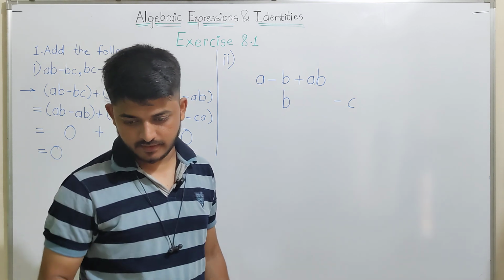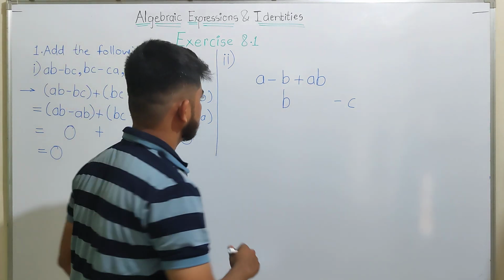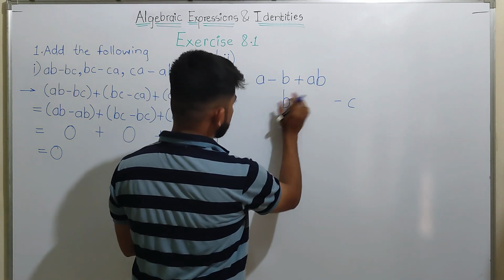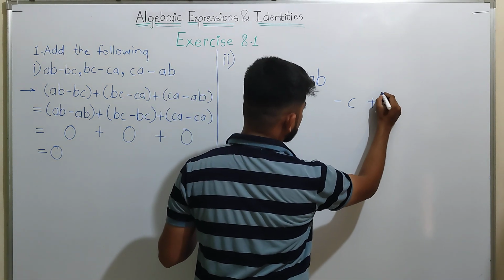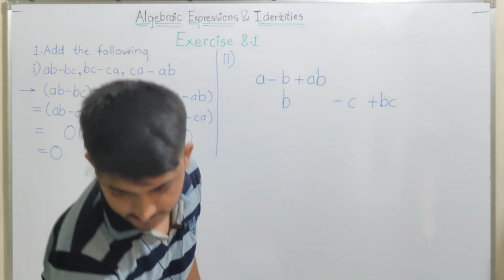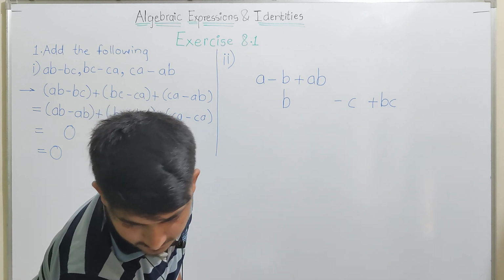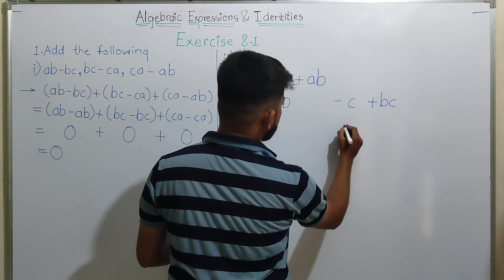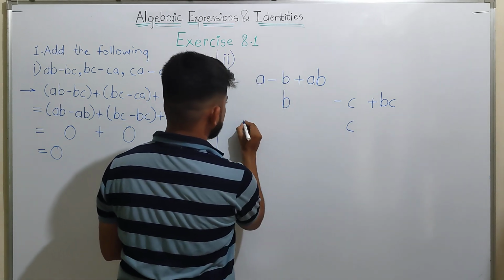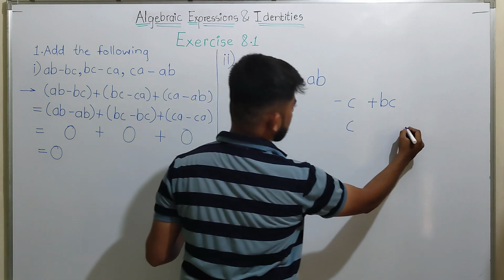This is the plus bc. In the second term we have b minus c plus bc. Do you have bc over here? No, we don't have. In this third term itself, we have c minus a plus ac.